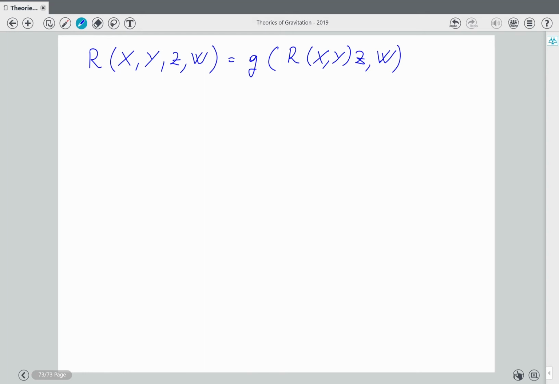And that's it. Let's recall that R of X, Y, Z was equal to, just a sec, del X, not del XY, this is the torsion.